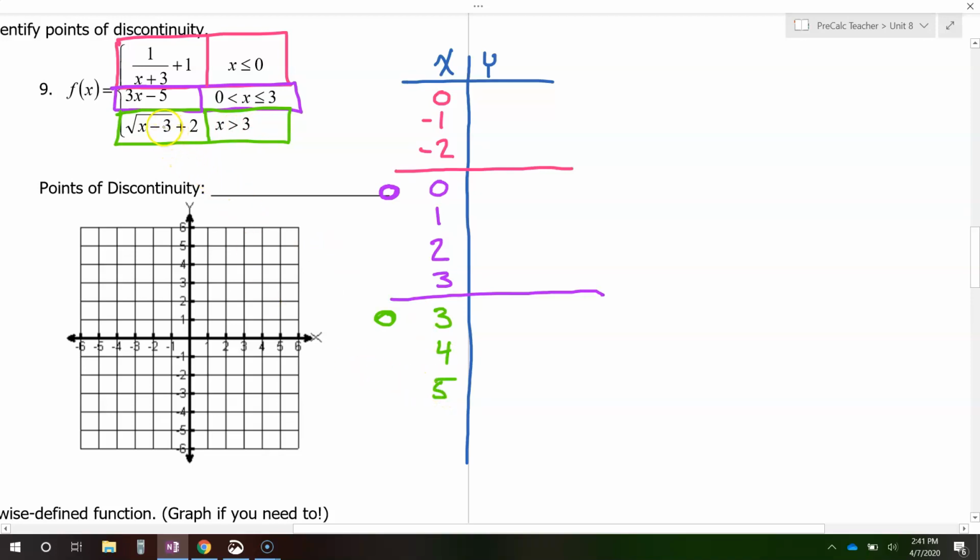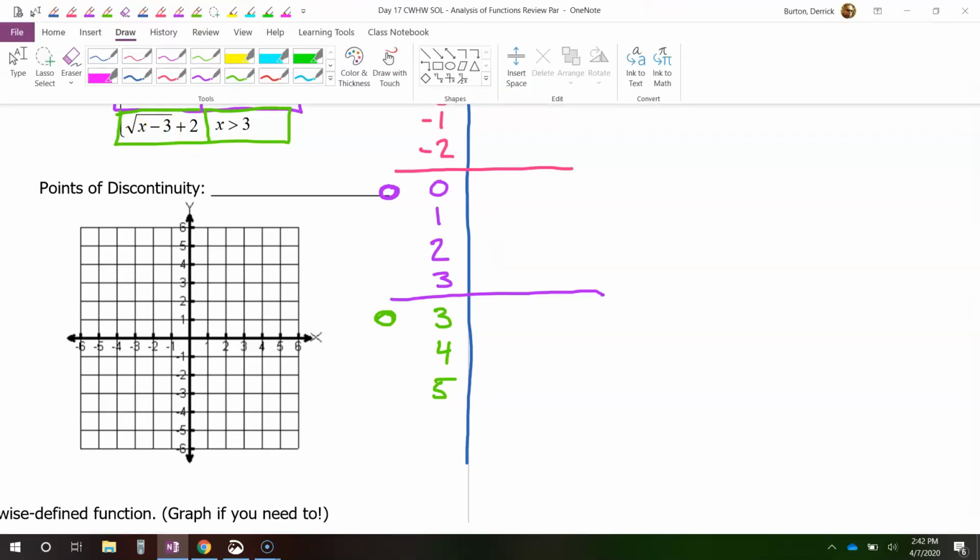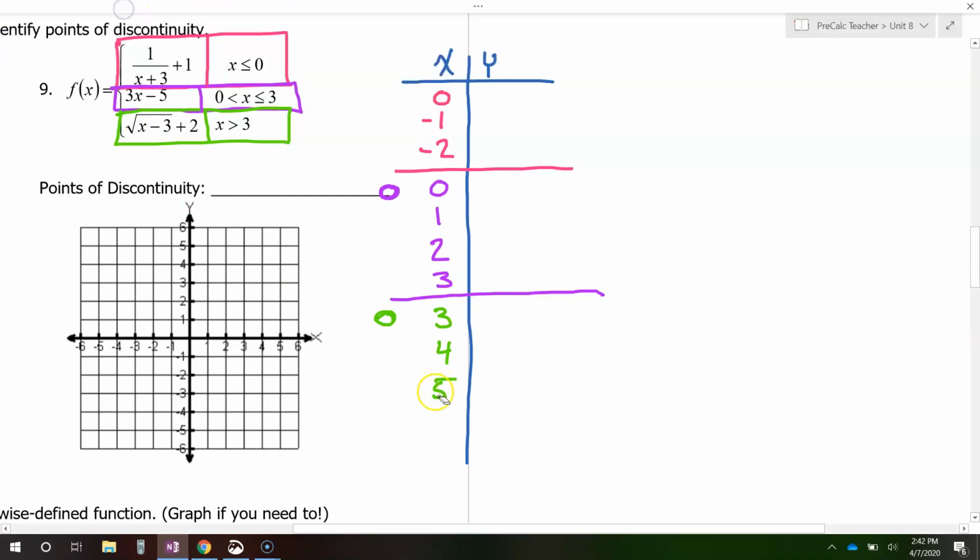Okay, now these are going to be decimals. Can I be any smarter than this? 3 is good. 4 is good. All right, I think I'm gonna try to be clever. When I said 3 was good, in my mind I'm plugging 3 in to the square root, right? 3 minus 3 is 0. Square root of 0, I'm good.